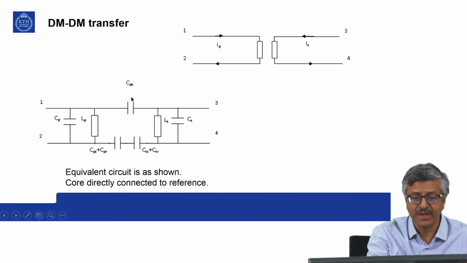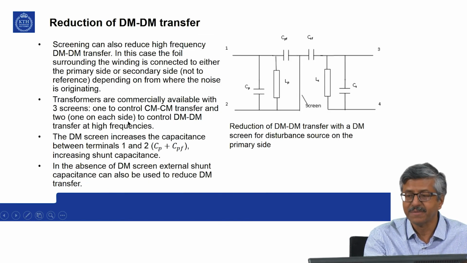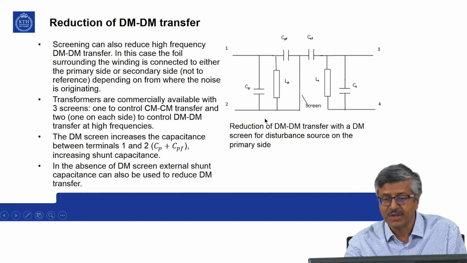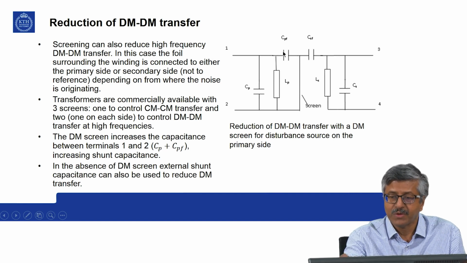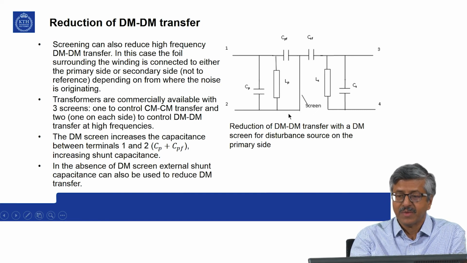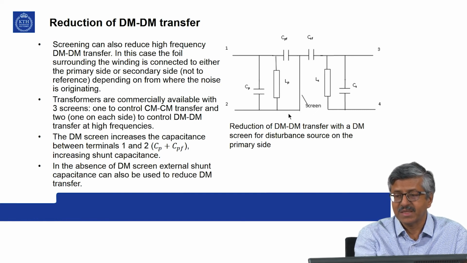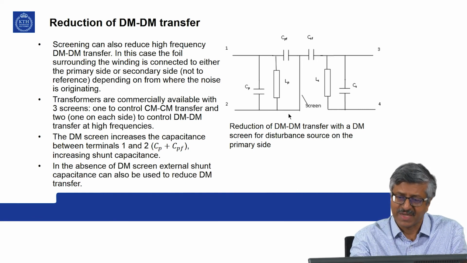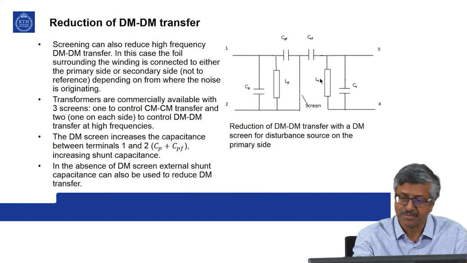If you can split it into two parts, say if you have a screen connecting the primary to the ground, then you split this capacitance into two parts, and one part is connected directly to the ground and this also is connected to the ground. So, you are eliminating the transfer from the source side. Still from the secondary side there can be some transfer.